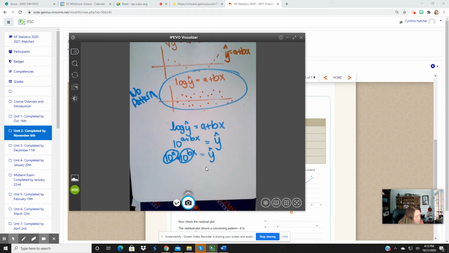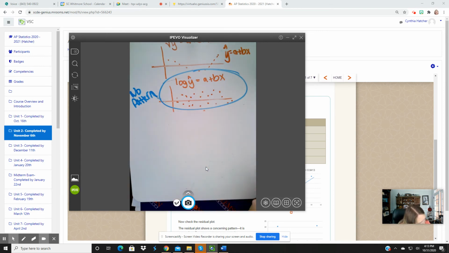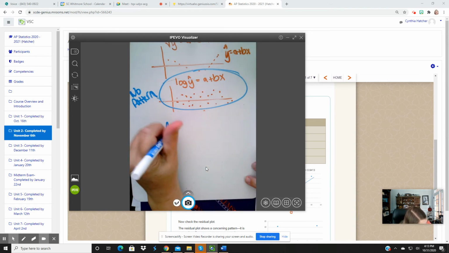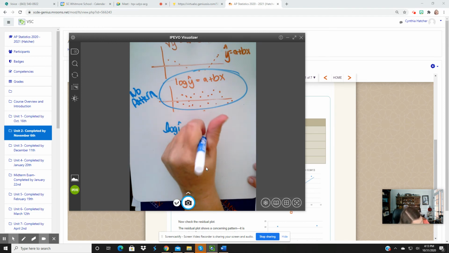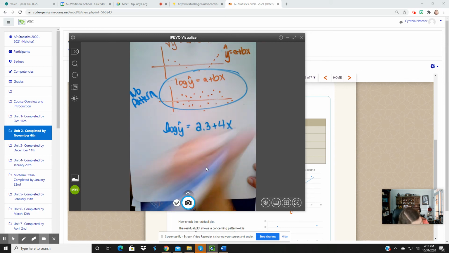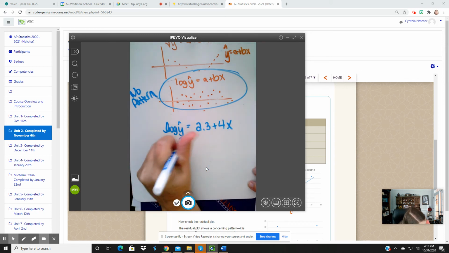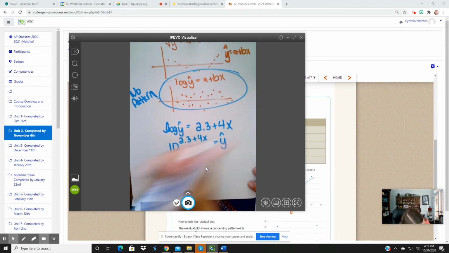So if I had the log, I'm just going to make something up here, of 2.3 plus 4x, that would be 10 to the 2.3 plus 4x equal y hat, or 10 to the 2.3 times 10 to the 4x.